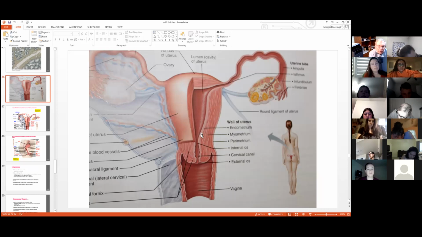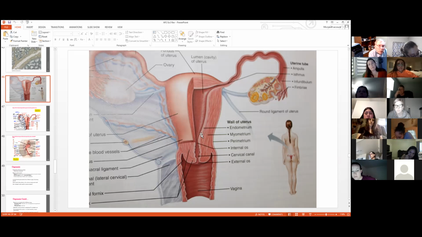The endometrium is an epithelium. Now let's think back to what epithelium means from AP1. Remember, you have a basement membrane and you have cells binding to it, right? This is what an epithelium is. Now, this epithelium is similar to the epidermis of your skin.